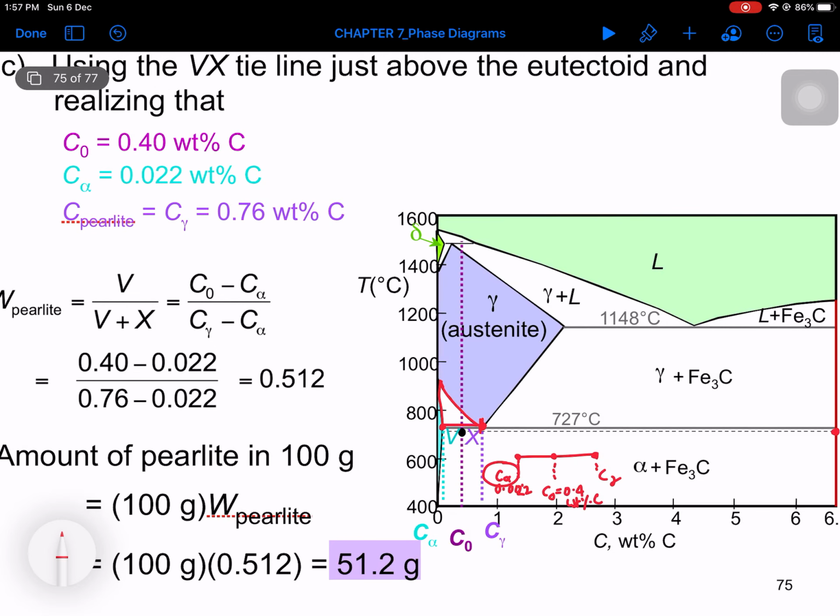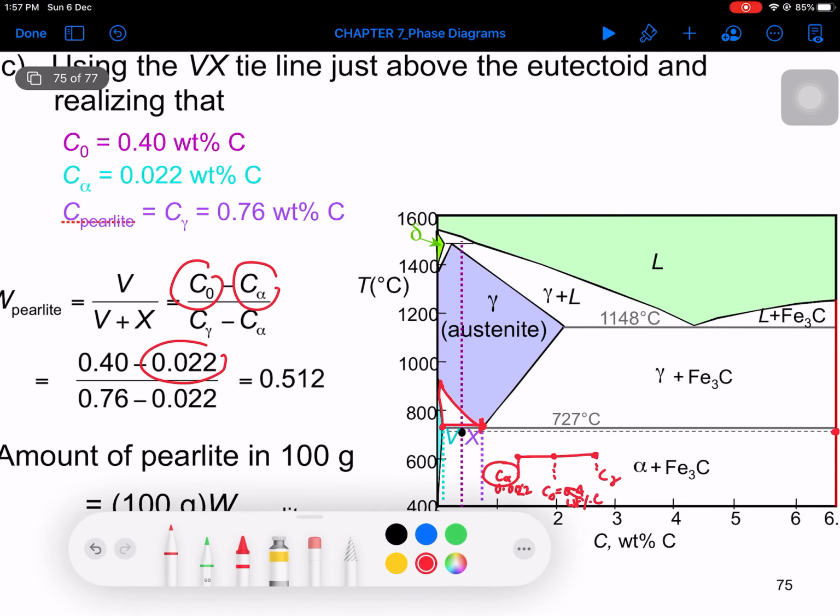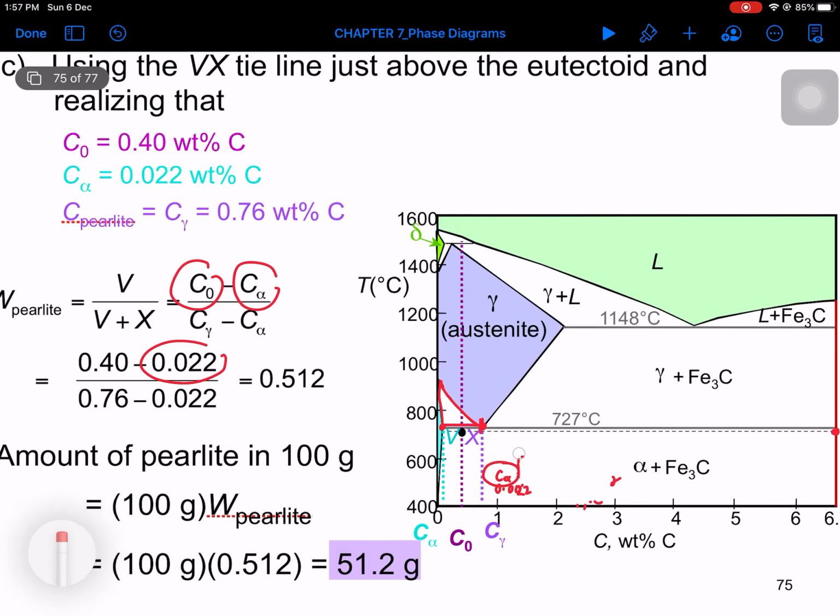Using the lever rule, 0.4 is the C naught, C alpha is 0.022, and C gamma is 0.76. Hold on, let me just write this.